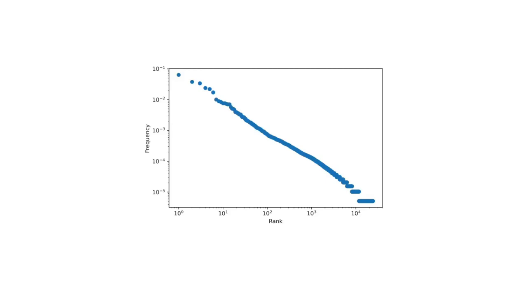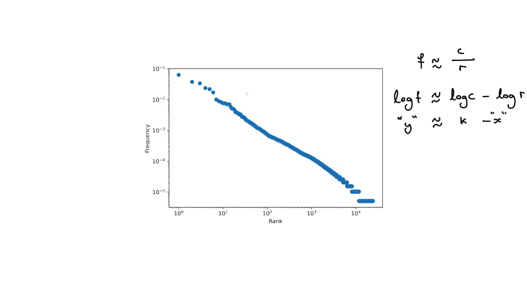Okay. Now Zipf's law, the other cool thing is that if you plot it on a log-log scale, then it turns into a linear plot. Okay. So the frequency of the word is inversely proportional to its rank with some constant, C. And if I take the log on both sides, this is grade 1 mathematics, then you get log F, this is Y, equals minus log r, this is X, plus some constant, let's just call it K. Okay, so you get this straight line going down on the log-log scale.